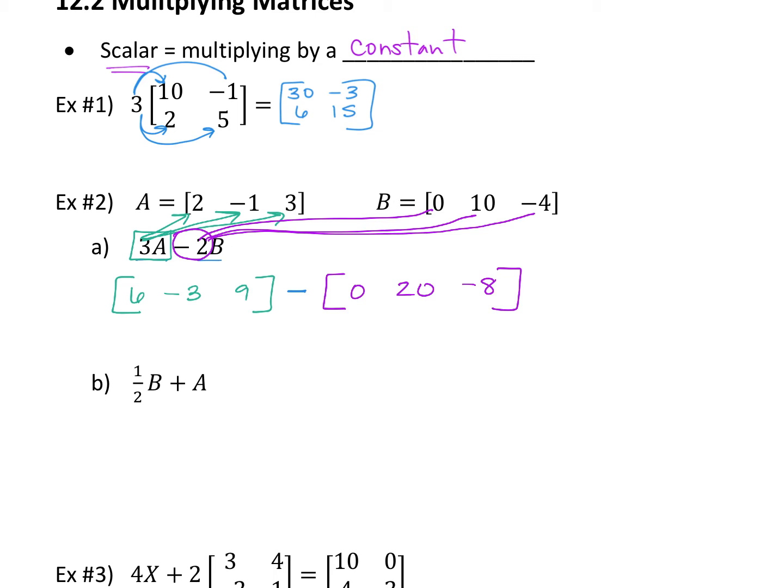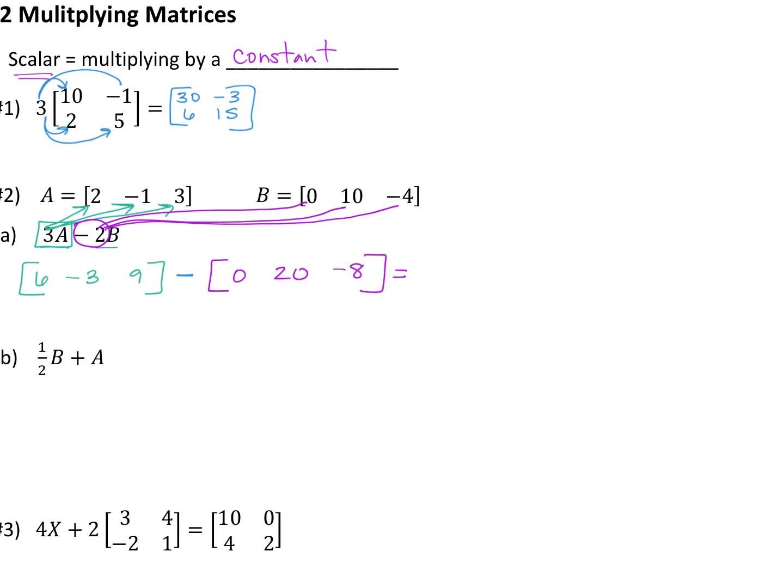So now from here, this you already know how to do, right? We just subtract our corresponding pieces. So first of all, the dimensions stay the same, right? A 1 by 3 minus a 1 by 3 is going to be a 1 by 3. What's going to go in that first spot? That's a 6, right? 6 minus 0 is 6.